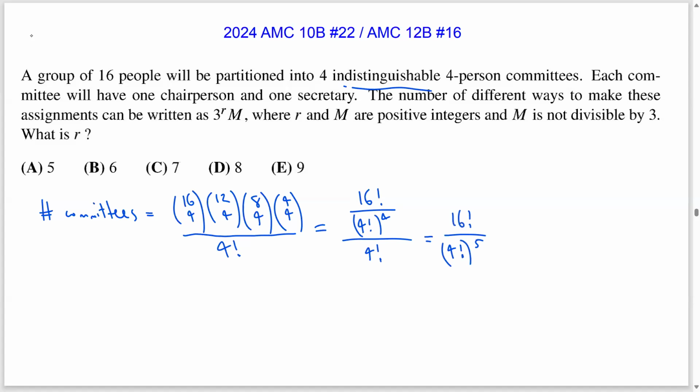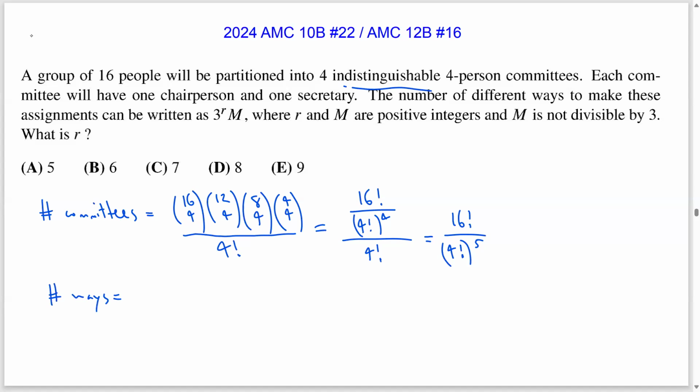Now we also need to take into account that each committee is going to choose 1 chairperson and 1 secretary. So here all we need to do is, for each 4-person committee, we need to choose 1 chairperson and 1 secretary. And the number of ways to do that is going to be 4 times 3 for each committee.